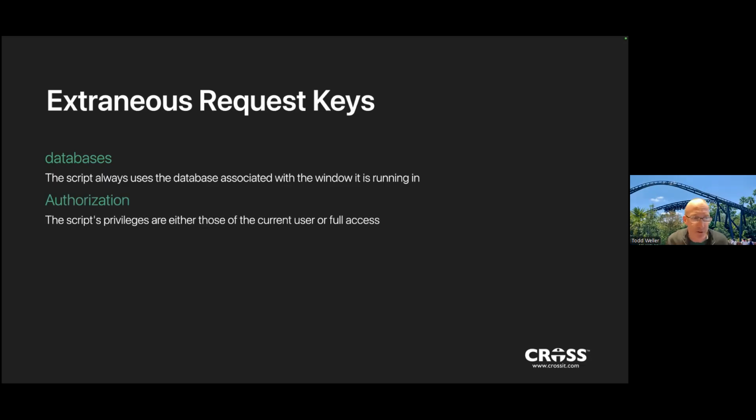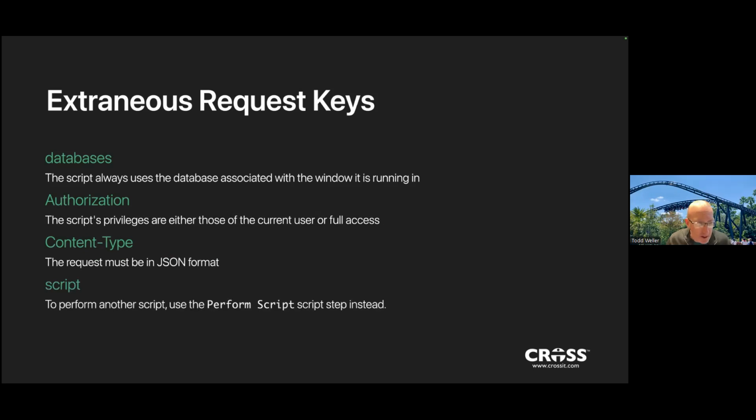The authorization is always going to be the script's privileges, which are either those of the current user or full access if you have your script set up to run with full access privileges. The content type does not need to be specified because the request must always be in JSON format. And then there's also a script key that you can use that would have your Data API call perform a script on FileMaker Server. Well, in this context, because we're running it as a script step, you would just use Perform Script to run another script if you needed to.